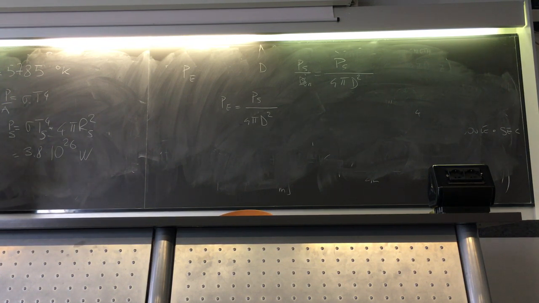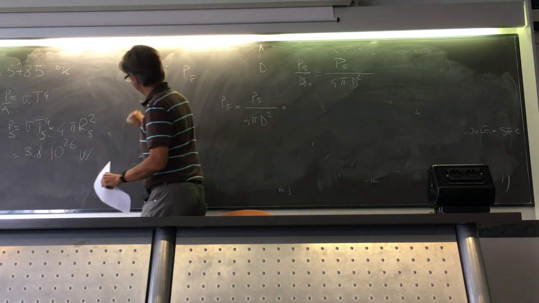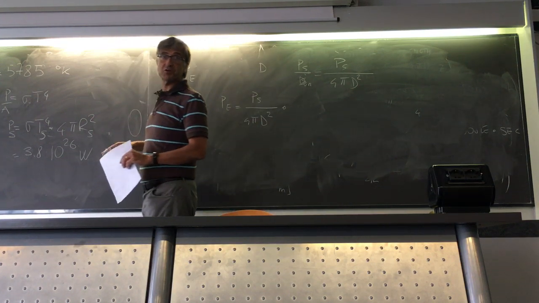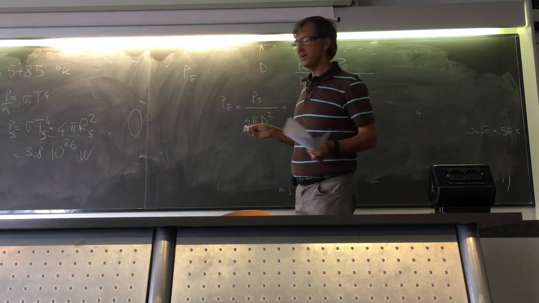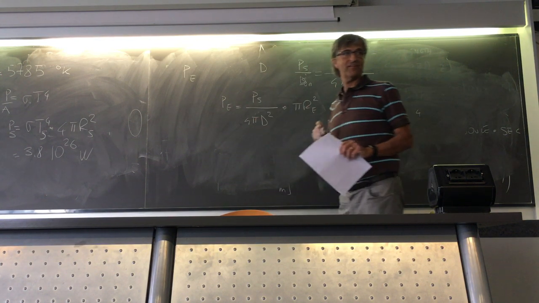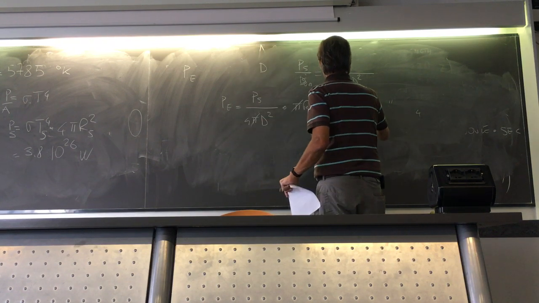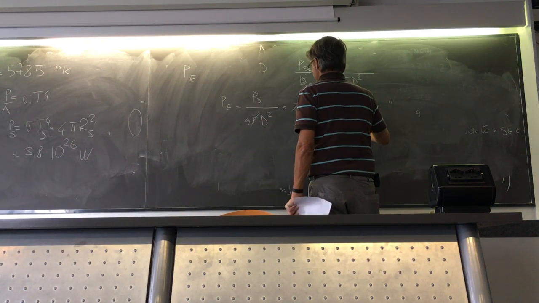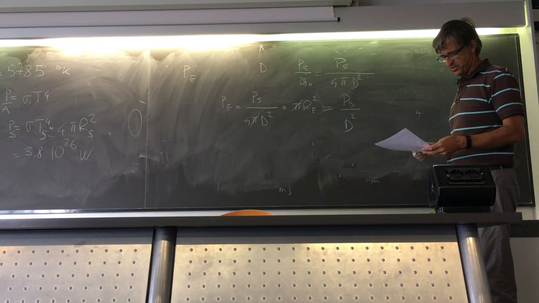And the surface you get on the Earth is the surface of the circle, pi r squared. So here the pi simplifies. So you have the power divided by the square of the distance.